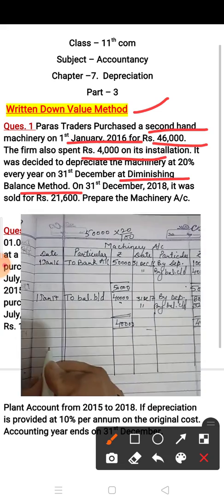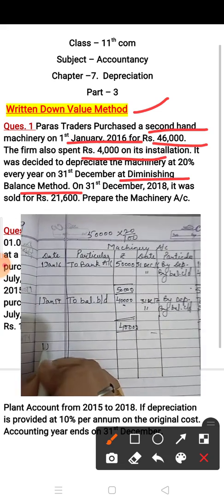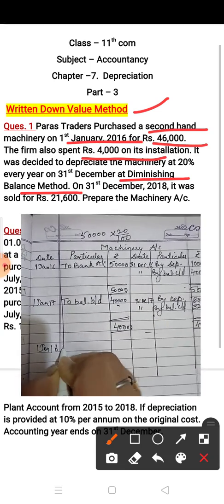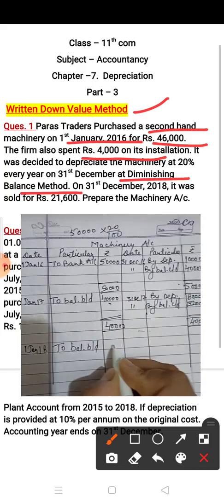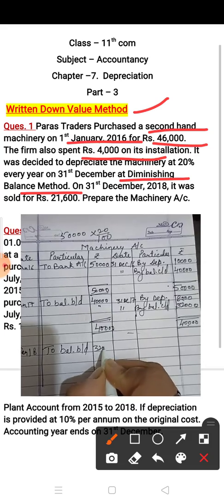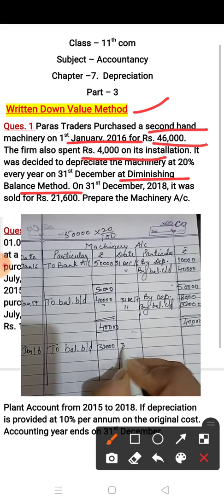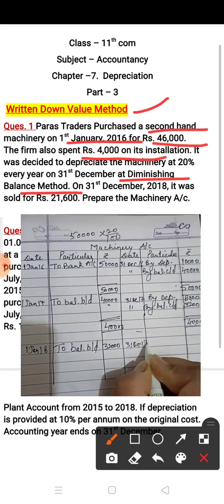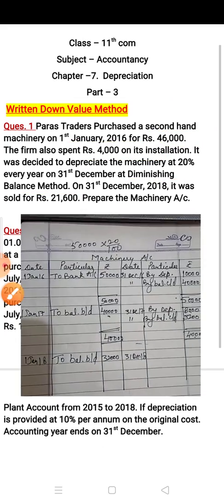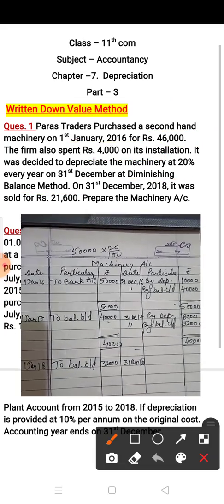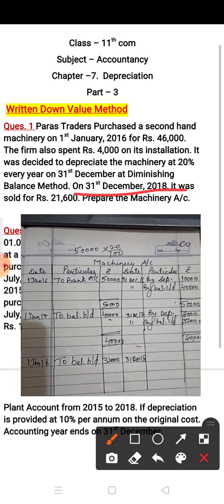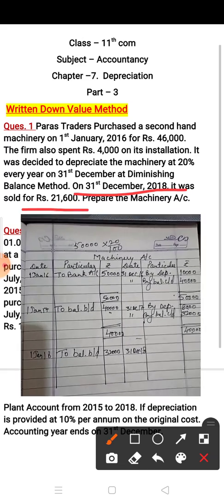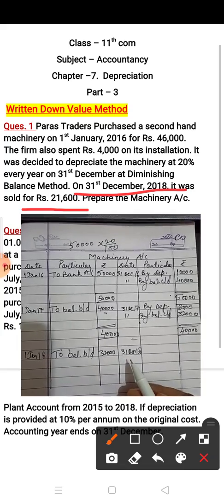Now this you have to transfer to the next year, 1st January 2018, to balance b/d, 32,000. Now see, on 31st December 2018 the machinery was sold for rupees 21,600, meaning on the closing date.